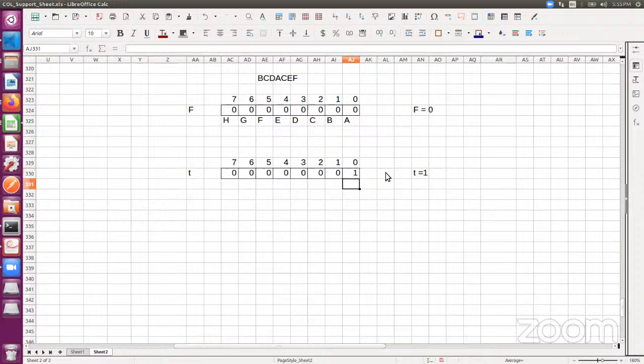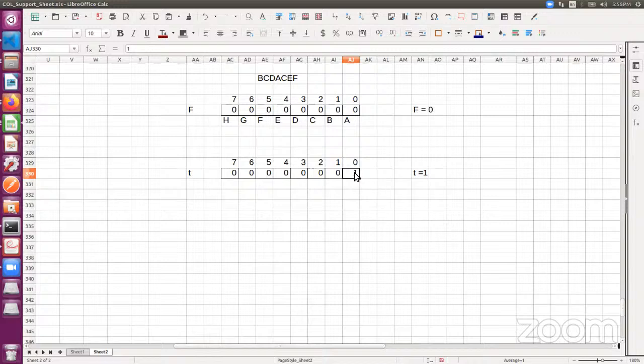Are you able to follow? If you have doubts, you can stop me anytime, not at all an issue. So I initialize T with 1, so the 0th bit is 1 now. What operation should I perform to make T represent B?